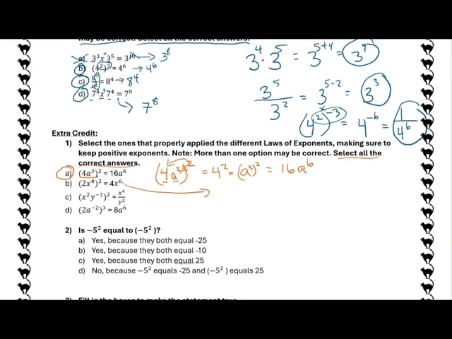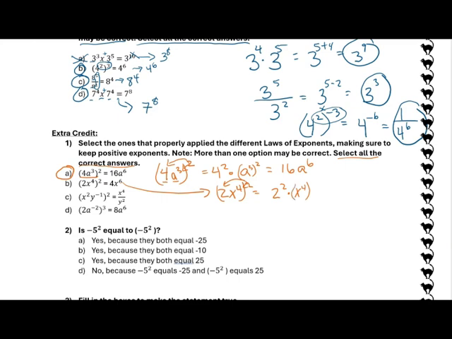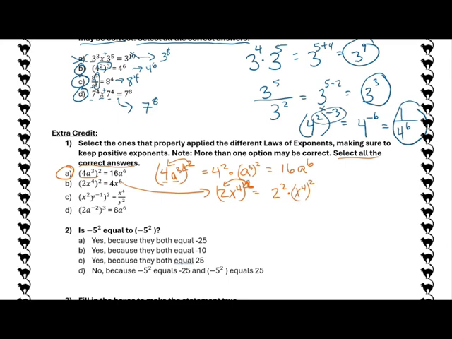If I look at this one, 2 times x to the 4th, squared, I have to distribute that exponent basically. So it's 2 squared times x to the 4th raised to the 2nd power, because I'm applying that exponent of 2 to everything on the inside. Okay, so then I get 4 from 2 squared.